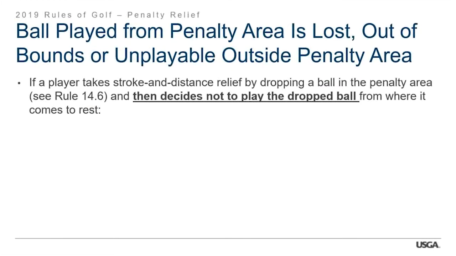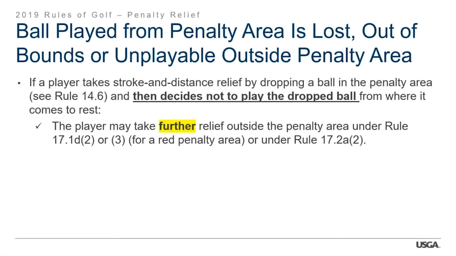All right, so if the player takes stroke and distance relief by dropping a ball in the penalty area and then decides not to play the dropped ball before it comes to rest. So for example, you went from A to B in our previous slide and you came back and dropped a ball at A for this penalty of stroke and distance, and you can't play that ball, then you still have some options to go ahead and get the ball out of that penalty area.